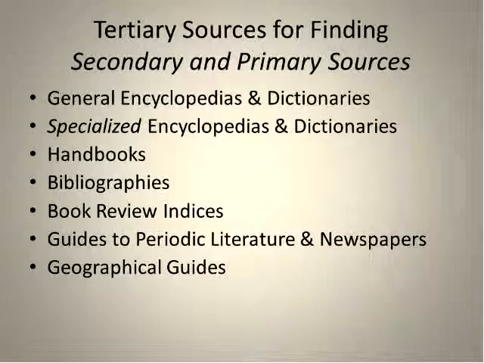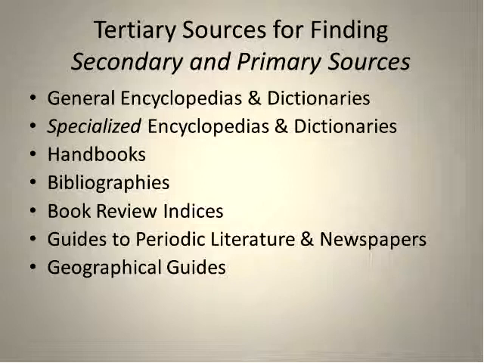Poole's Index to Periodic Literature is the 19th century version of the Reader's Guide. Poole's Index looks at 19th century magazines and indexes over time the articles in multiple magazines, arranged topically. And that's good through the 19th century. It's not as large as the Reader's Guide, but it works exceptionally well.